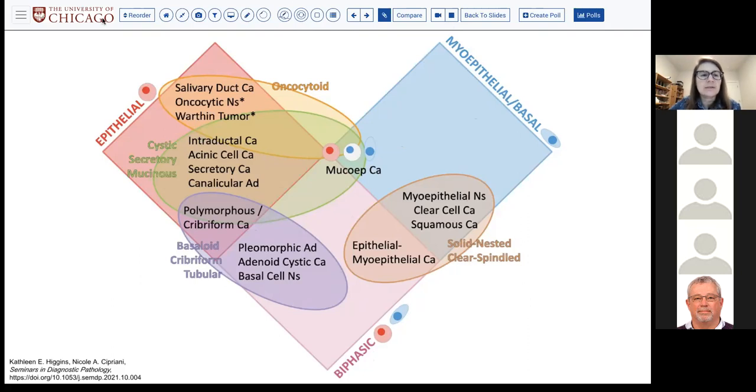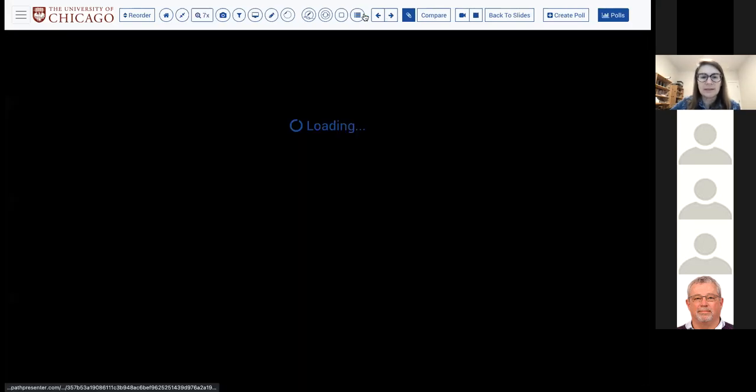So we're going to go through these differentials throughout the lecture, but hopefully you can refer to this chart as needed.